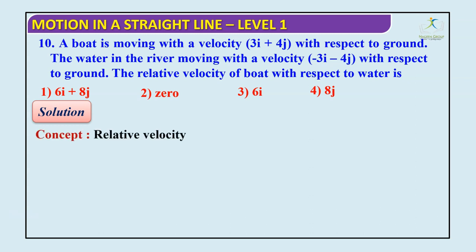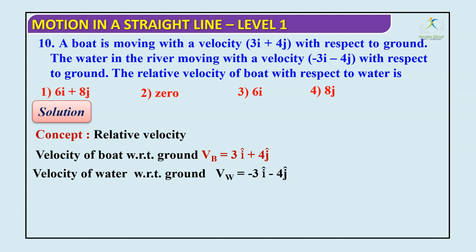The concept here is relative velocity. Relative velocity of the boat with respect to the ground: VB is equal to 3i cap plus 4j cap, which is given, and the velocity of the water with respect to ground is given, VW is equal to minus 3i cap minus 4j cap.